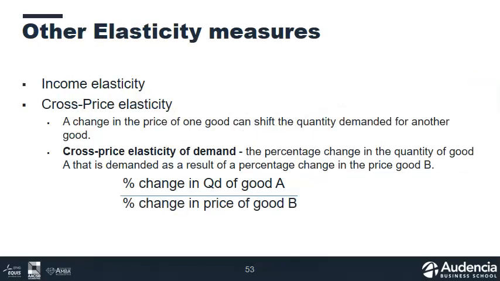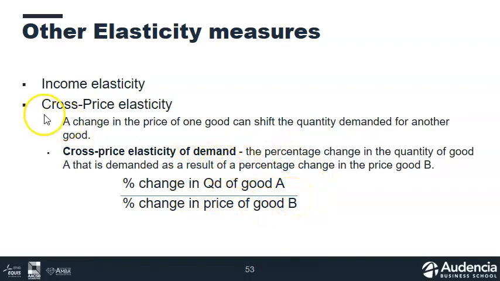Now there are other elasticity measures that exist. We've changed the price and we've looked at the quantity demanded. We could also change the price of a different good. We could change the price of a substitute. We could change the price of a complement and see how it affected the quantity demanded of a particular good. So if we change the price of good B, which is maybe a complement, how will it change the quantity demanded of good A?